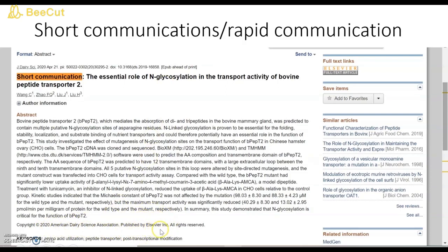The publisher for this particular one is Elsevier, and the keywords are written like amino acid utilization, peptide transport, post transcriptional modification, and in brief about the whole research work, the abstract. Okay, so the very first type is short communication, and this is also called rapid communication.